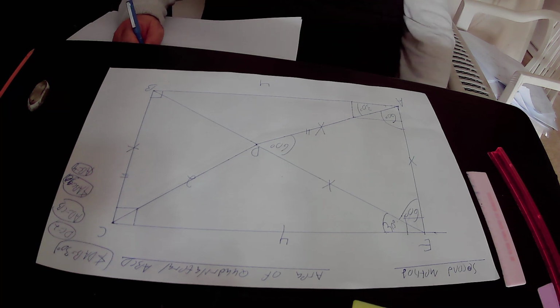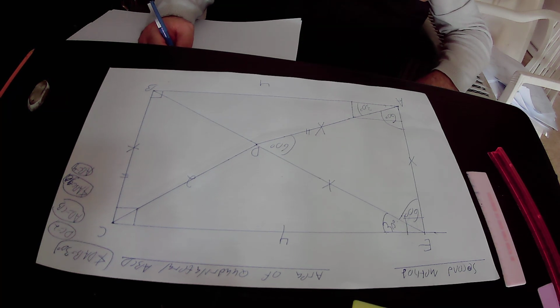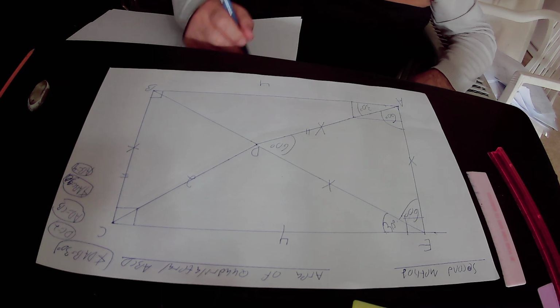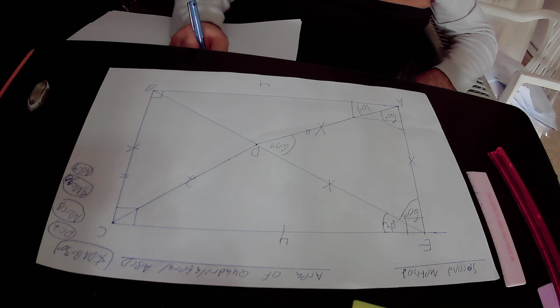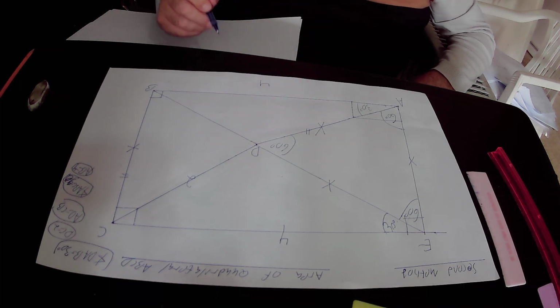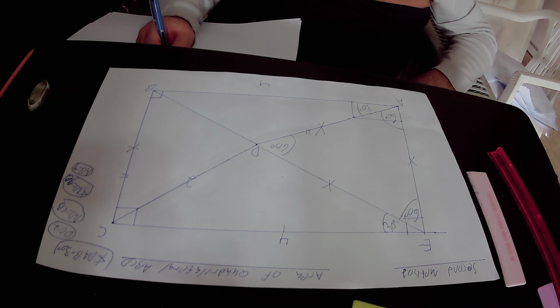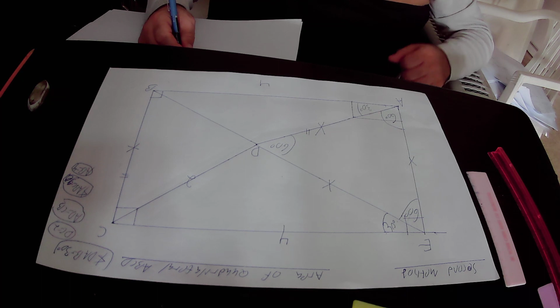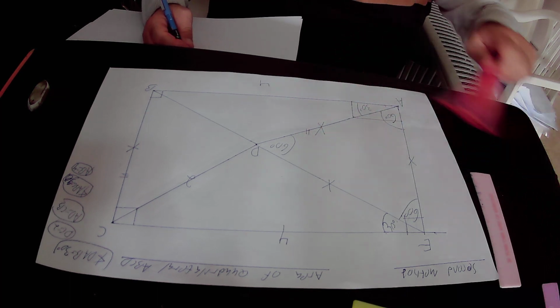We will actually prove that triangle ADB, this triangle, and triangle CDE, this triangle, can go into each other.